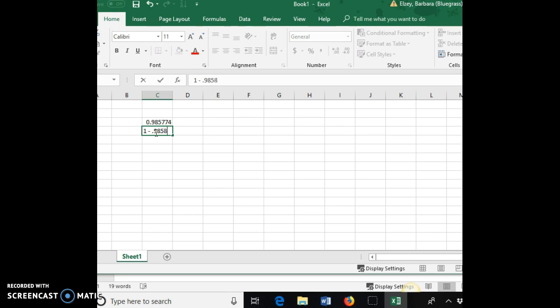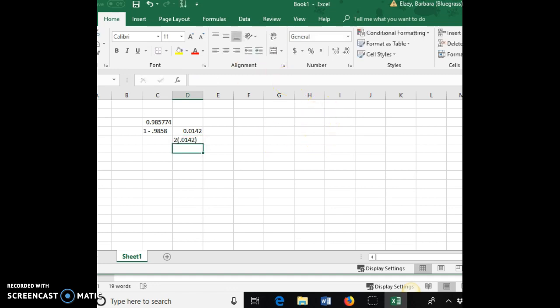I'm going to take it out 4 decimal places because most of your exercises are for 4 decimal places. Now this gives us the value to the right of our 2.191, or the area to the right of our 2.191. Let's remember that this is a two-tailed test, so we also want to consider the area to the left of negative 2.191. The easiest way to do that, though, is just to double the area that we just got.